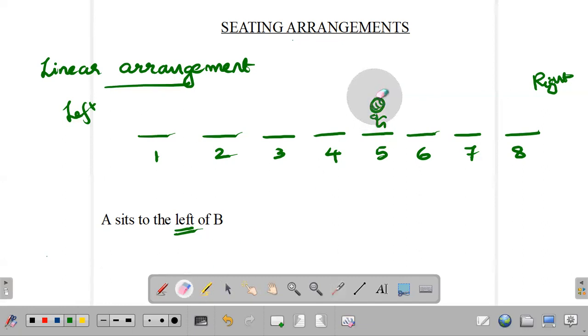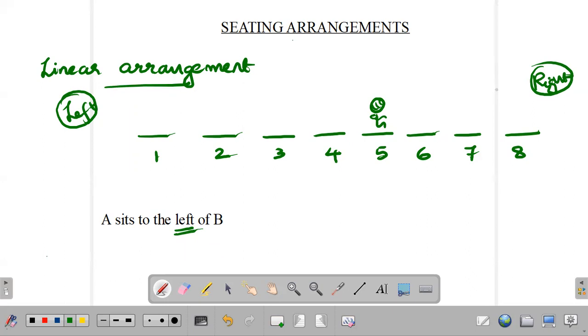But now I request you all to always consider this convention that B or individuals involved in the question are sitting in such a way that you see the back of their head, which means you assume that this is going to be the left and this is going to be the right. So that is the convention with which I will be now explaining questions.